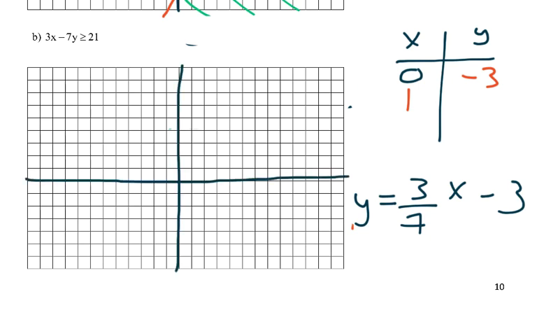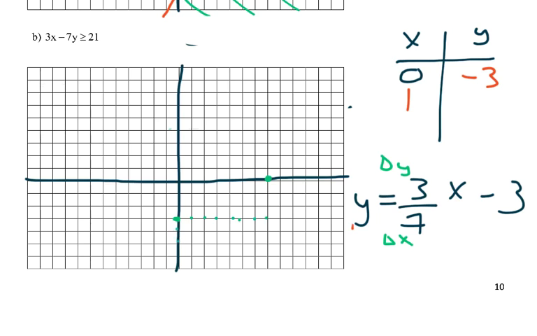What I know about this graph is that the y-intercept is -3 and the slope is 3 over 7, which means that if our numerator is the change in y, the denominator is the change in x, that means that every time we go across 7 squares in x, 1, 2, 3, 4, 5, 6, 7, we go up 3 squares in y.